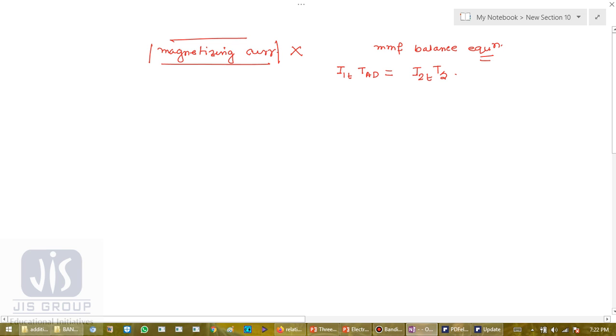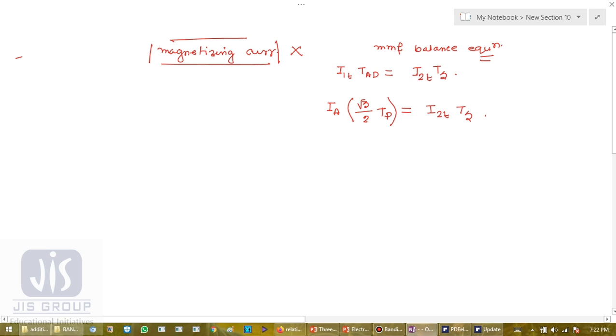So we have discussed previously I1T equals IA, and we know TAD equals root 3 by 2 TP. This we have deduced in the first part of Scott connection. So this equals I2T into TS.